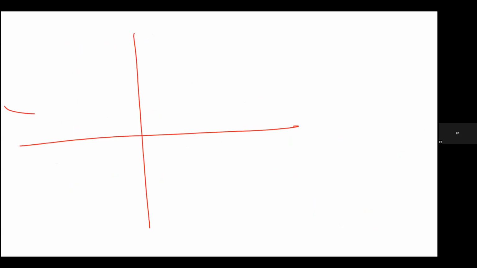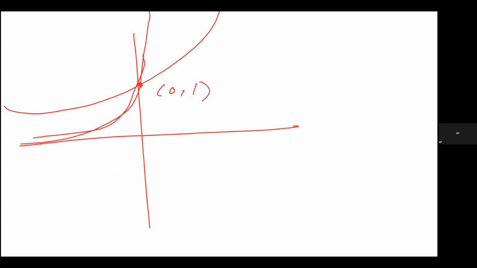This is 4 power x. This is still 0, 1, and when your graph is reflected on the y-axis, it will go like this. So the graph will go like this.